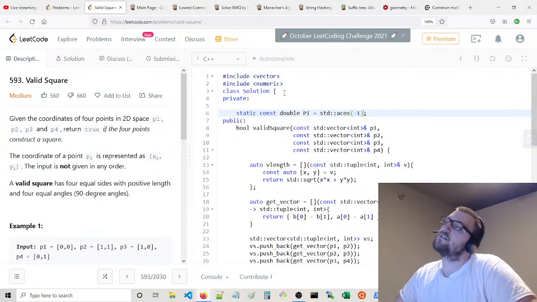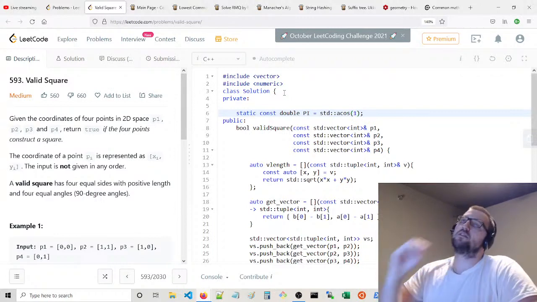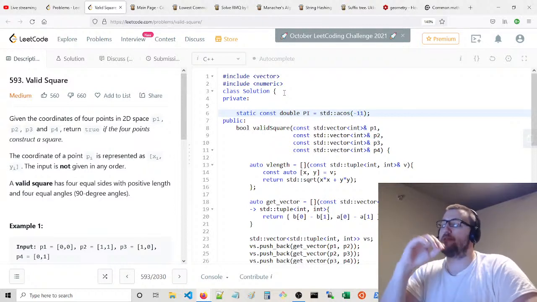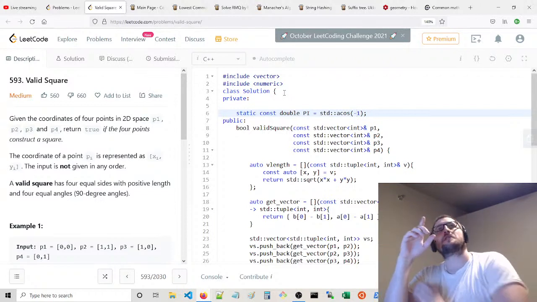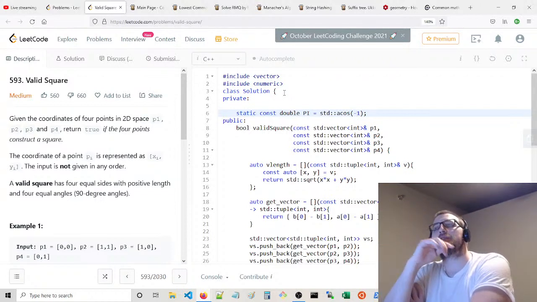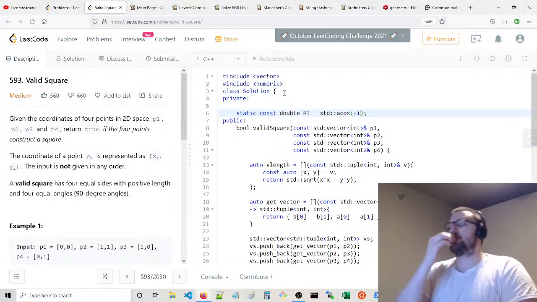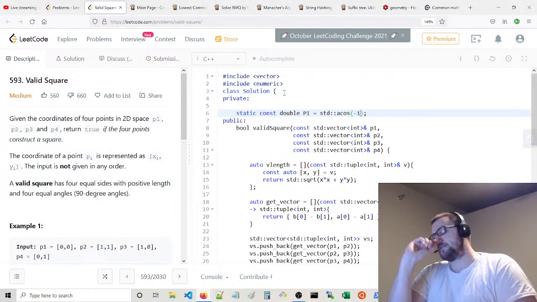It's actually 1, right? Is it -1 or 1? I was using -1 before, but actually pi over 2 is 90 degrees, right? Oh yeah, I see. -1 is pi, right? Arc cosine of -1 is pi. That's fine. We can do pi over 2.